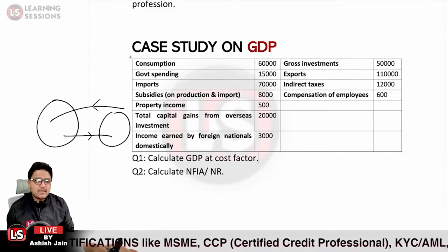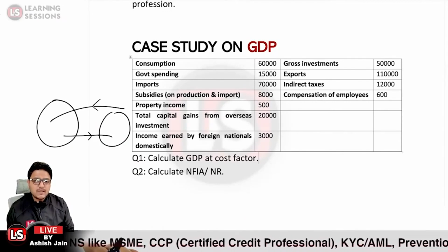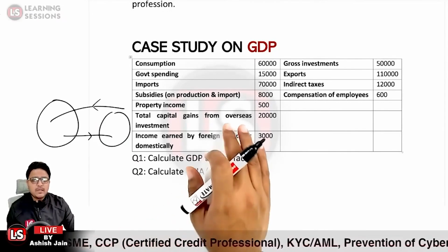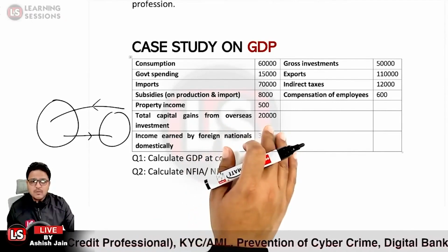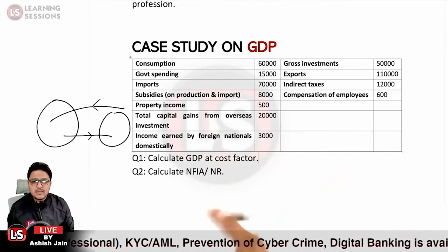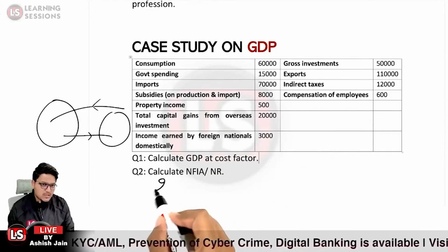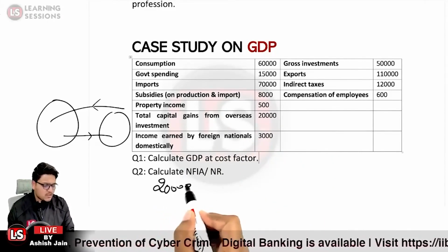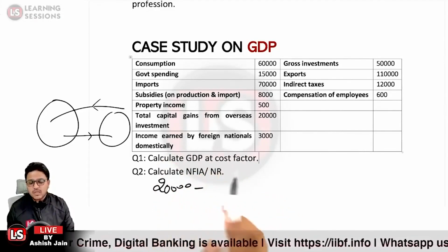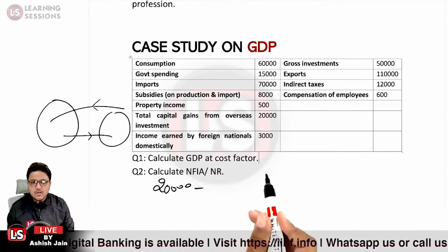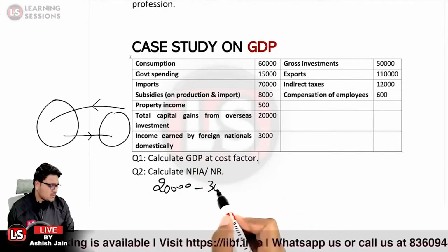If we just look at the factor over here, it says total capital gains from income overseas. It is given to be 20,000 crores, minus income earned by foreign nationals domestically, which is given to be 3,000 crores.